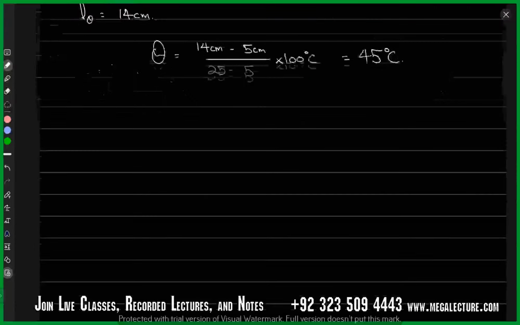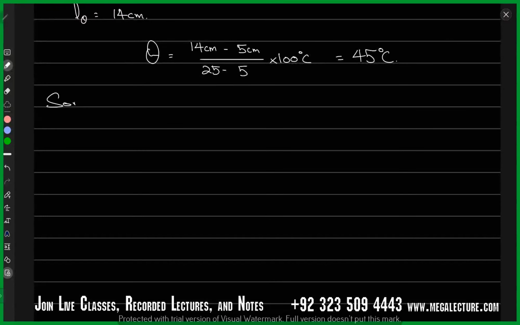Now I'll just quickly talk about some of the common terms that we use with thermometers. There are very few we'll talk about. The first one is the sensitivity of a thermometer.